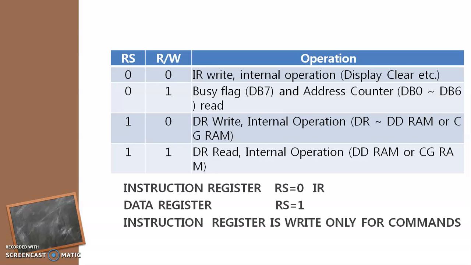Then the last one, 1 1: RS is 1 and R/W bar is 1, so now it is a read operation of the data register, an internal read operation of reading the characters. The instruction register is only for writing: only to write the commands we use the instruction register.